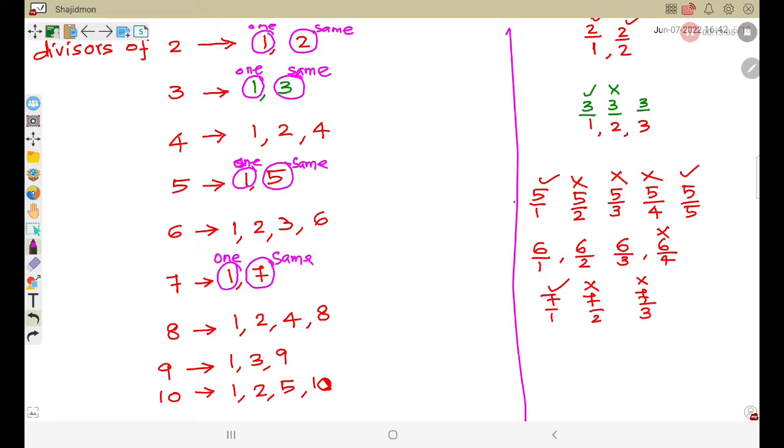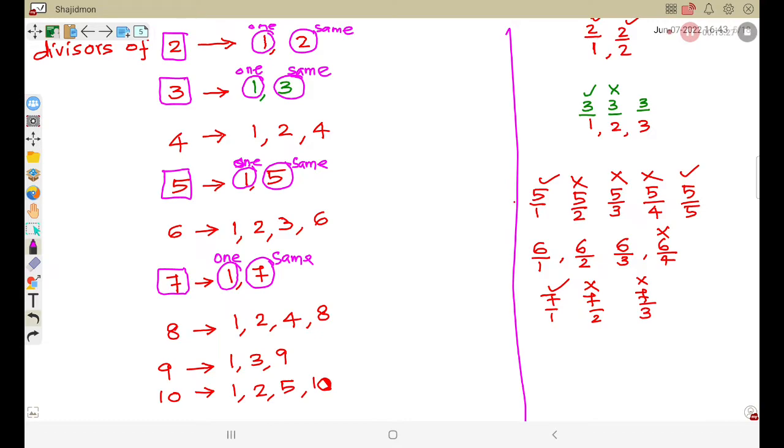These numbers, 2, 3, 5 and 7, have only 2 divisors, correct? What are the 2 divisors? 1 and the same number, only these 2 divisors.